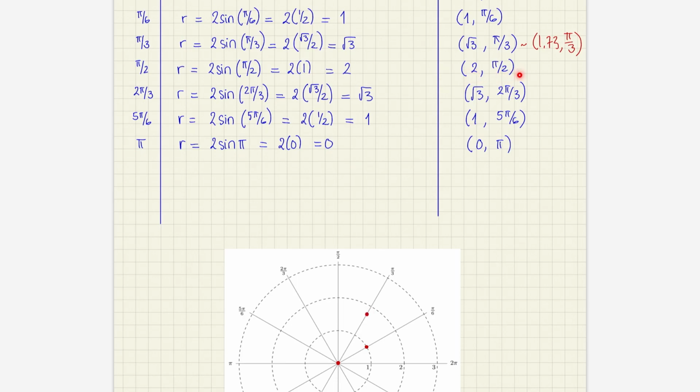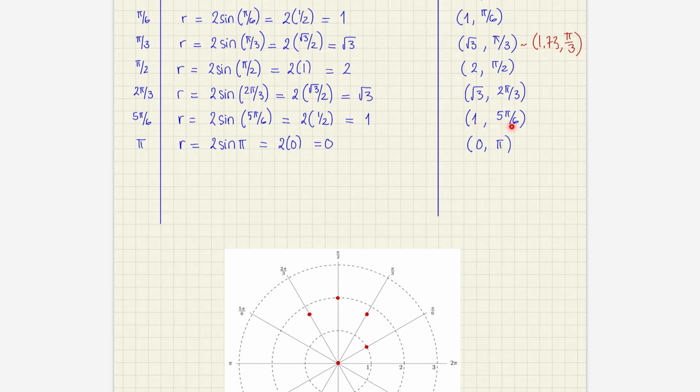Next point is 2, pi over 2. So r is 2 and rotate pi over 2. Have this point. Root 3, 2 pi over 3. So root 3 again is 1.73, around here. And then 2 pi over 3. This is 1 pi over 3. This is 2 pi over 3.